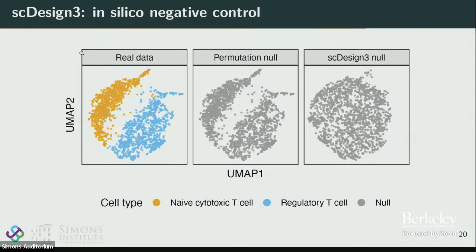If we want to know whether there are 2 clusters or not, before we do the differential gene expression analysis, just doing a permutation of the cell type labels is not sufficient, because you can see that here in the middle, permutation will disrupt the labels, but the cells' shapes will be preserved. While using our scDesign3 simulator, we could actually generate this null data that looks like real data, but there are no more cell clusters. So this will serve as a negative control for testing whether there are 2 clusters or not.